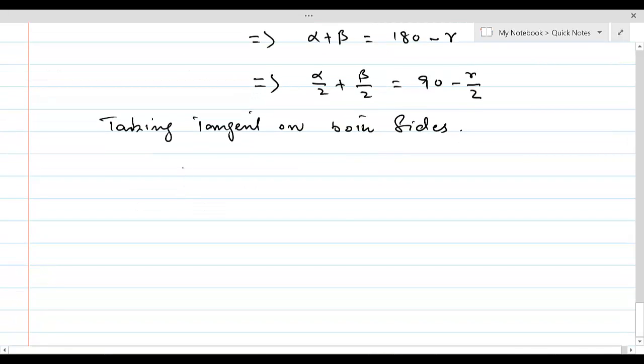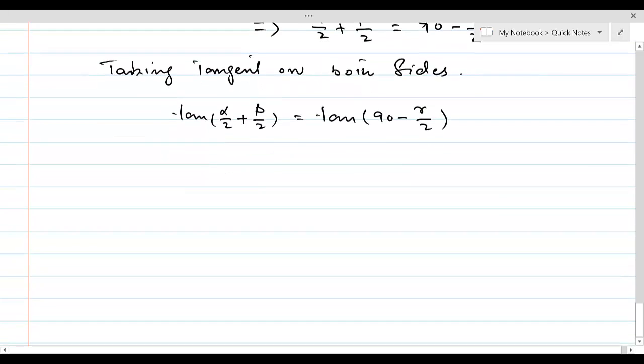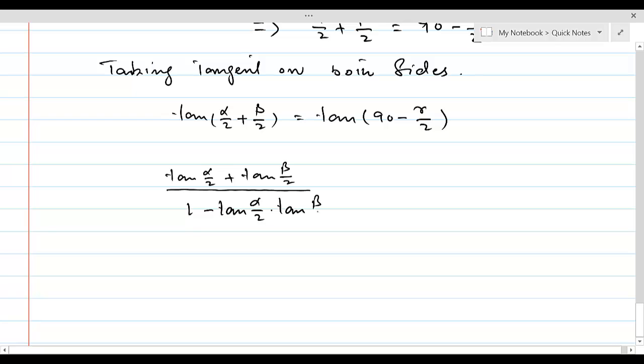what we have is tan of alpha by 2 plus beta by 2 equal to tangent of 90 minus gamma by 2, and we can apply tan alpha plus beta on the left side, which gives us tan alpha by 2 plus tan beta by 2 divided by 1 minus tan alpha by 2 into tan beta by 2 equal to, because it's 90 minus gamma by 2, any odd multiple of pi by 2 will change the trigonometric ratio to its counterpart.